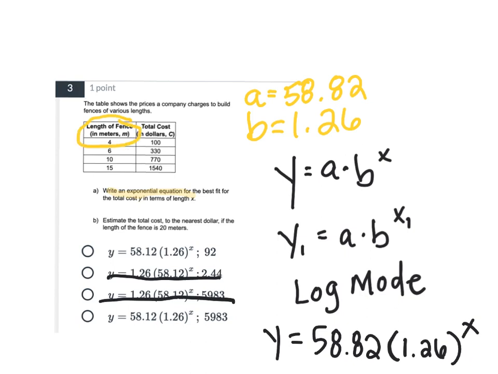So we're going to plug in 20 meters for x. I'm going to do 58.82 times 1.26 raised to 20, and I get 5983.2, which would have been this answer.